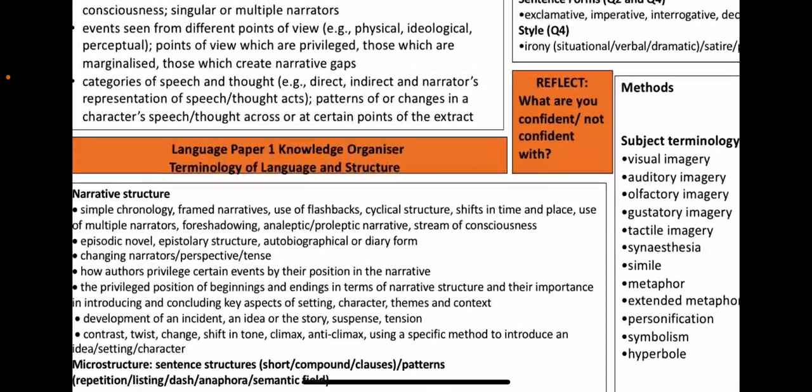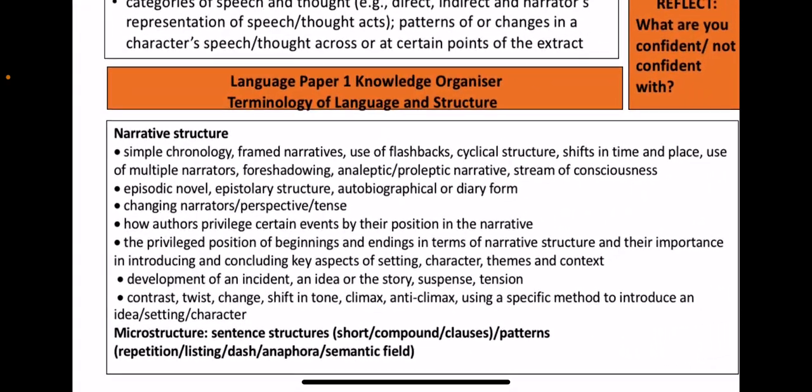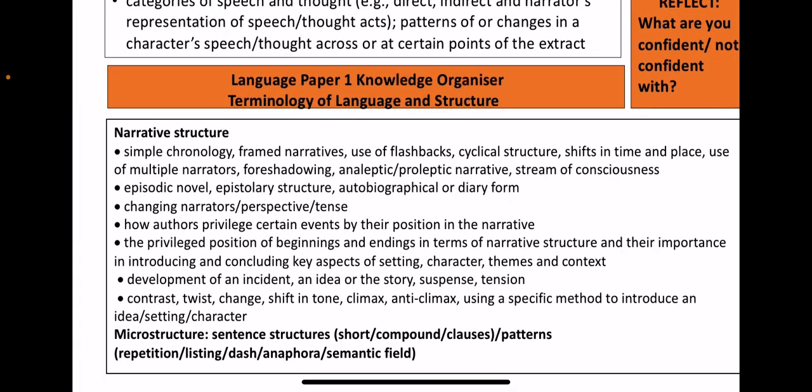I think this box is particularly helpful for this question because the mark schemes often use these terms in their indicative content. So rather than just focusing on the language that is being used, try and think about the structure. Actually, don't try. I implore you to think about the structure, the narrative structure. This whole paper is about creating worlds and imaginary worlds.